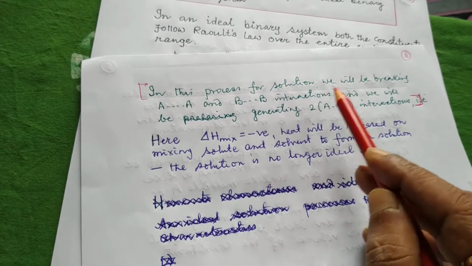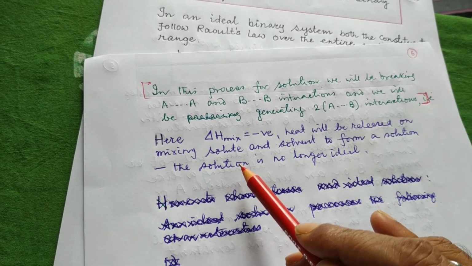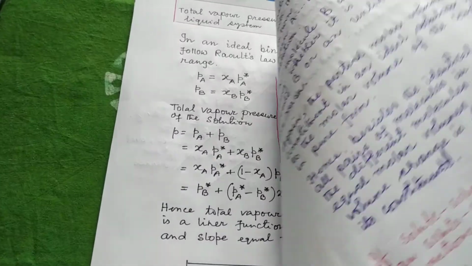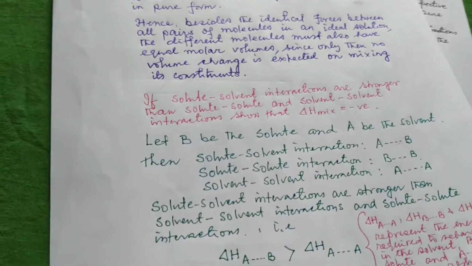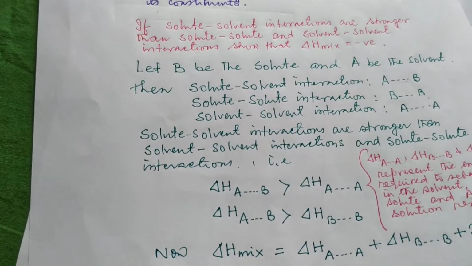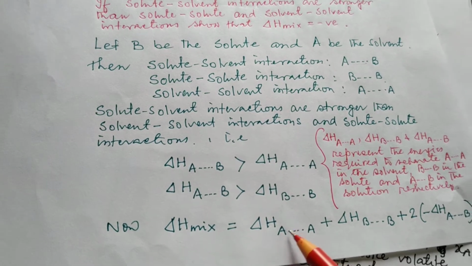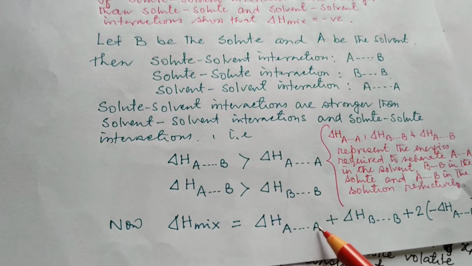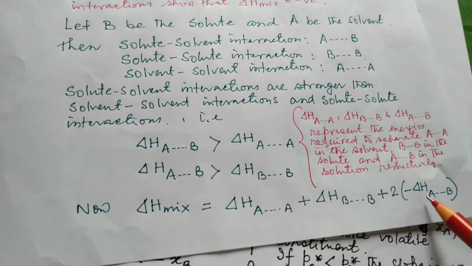Generation of AB interaction is always negative, an exothermic process, and the breaking is always an endothermic process. Therefore, delta H mix equals delta HAA plus delta HBB plus 2 times minus delta HAB.